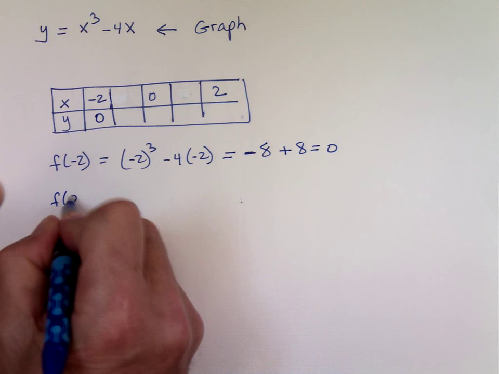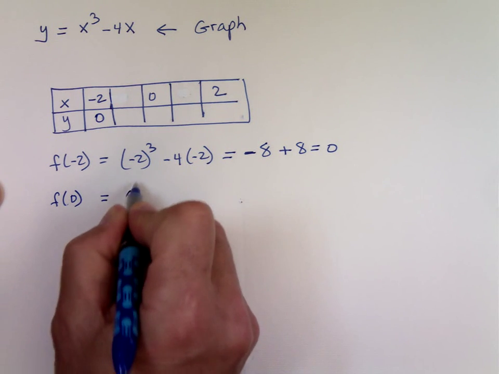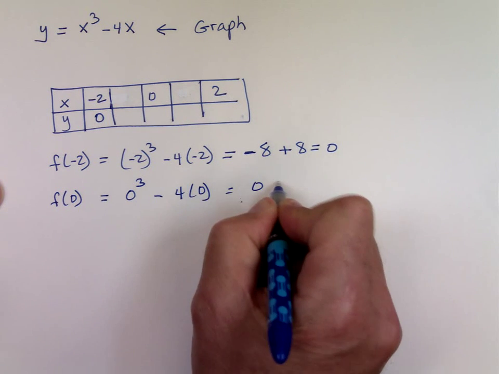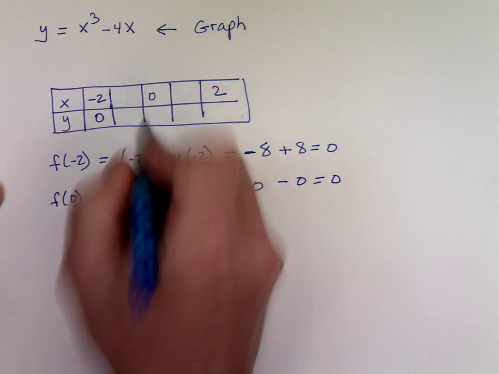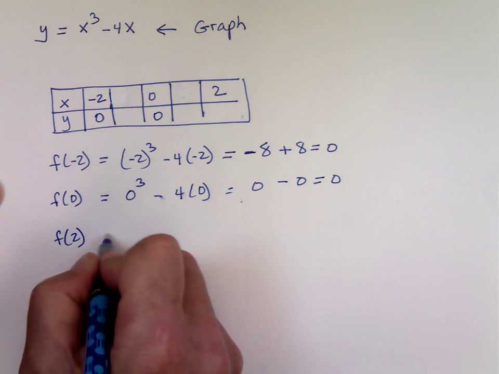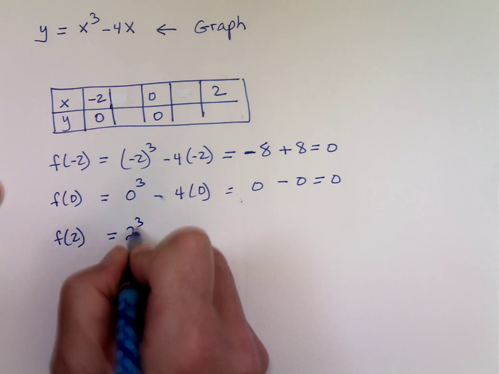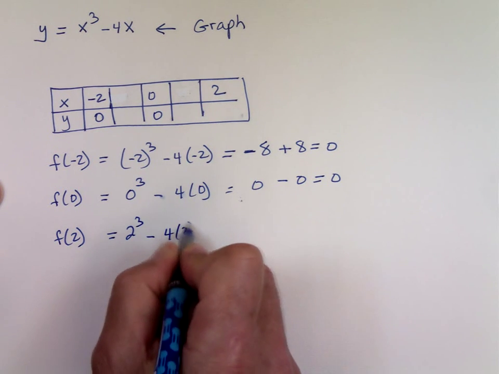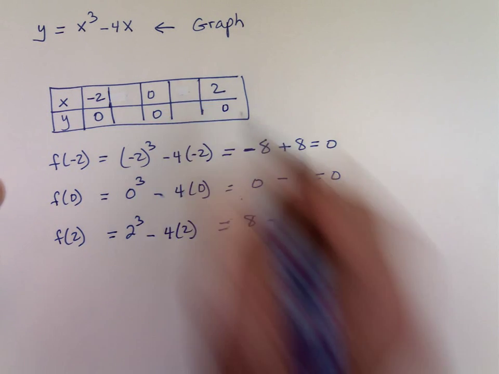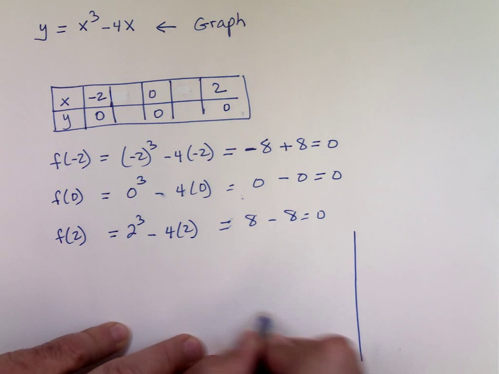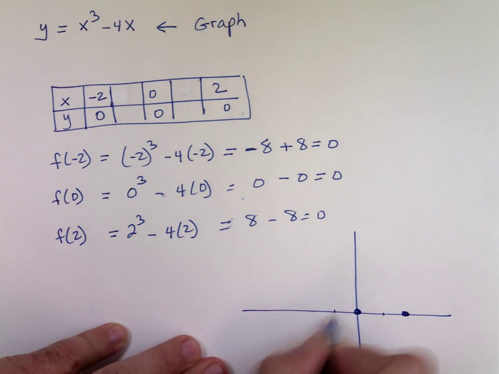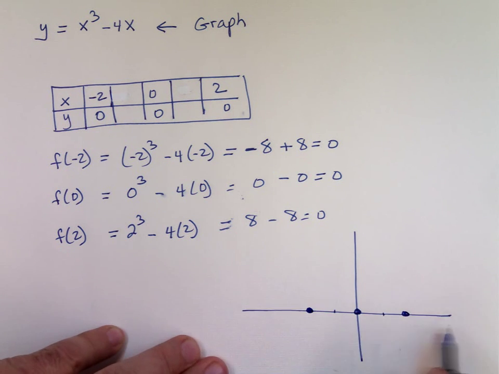When you choose 0, this is 0 cubed minus 4 times 0. 0 minus 0, which is 0. When it's 2, it's 2 cubed minus 4 times 2. That's 8 minus 8, which is 0. So, oh, I can graph this. That's a straight line. 0, 0, 0, it looks to you like a straight line.